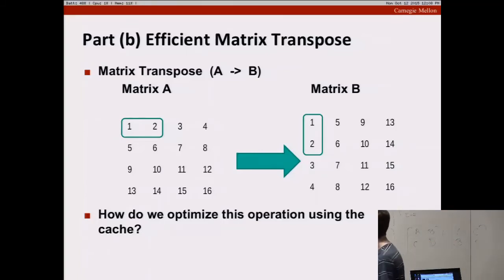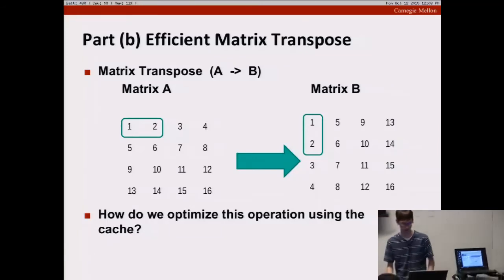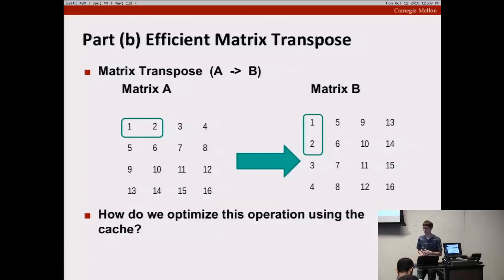Of course, we want to be able to implement this fast because fast is better, right? How do we optimize this so that it has good cache behavior? Now that we know how things are looked up in the cache, this is a bunch of values stored in memory, and as we go through them, it's going to look them up. How do we optimize the number of times we go to look up, say, this 10? We want it to be there in the cache, if it's possible for it to be there. We don't want it to have been evicted by something else.